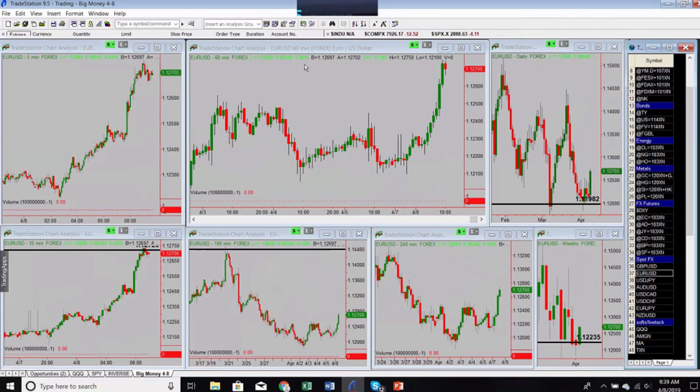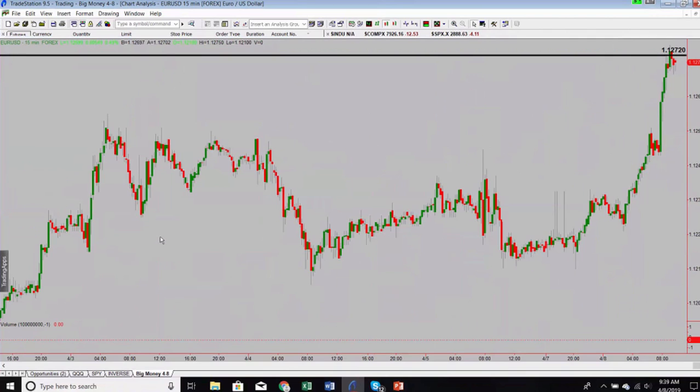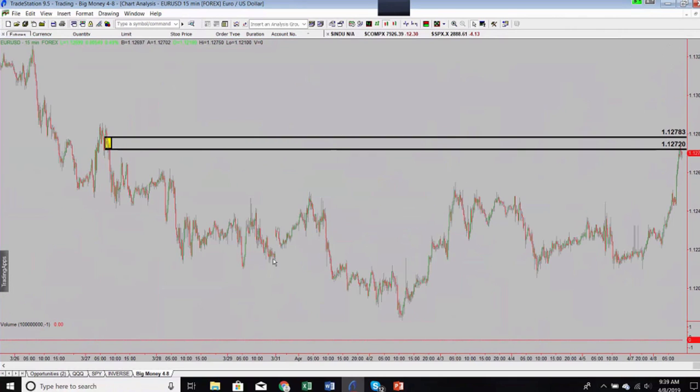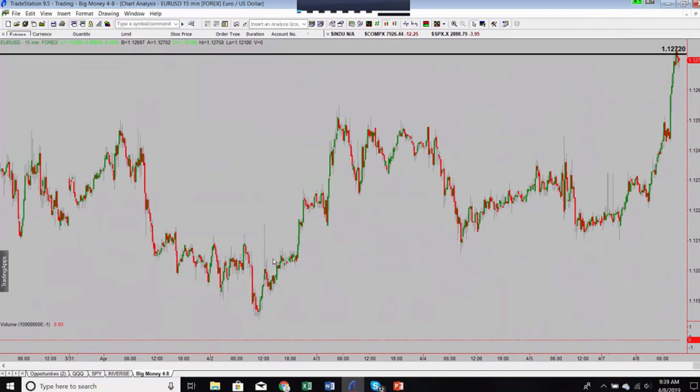Okay, there it is. Oh, I didn't realize it, but this just hit our level. So this one just met entry. If you're interested in this one, if it rallies just a little bit, 1272, so it's just like 2 pips higher.